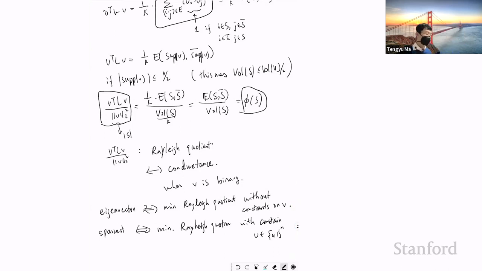And in some sense, the core of this Cheeger inequality is really that with the constraint and without the constraint, you don't really differ by that much.